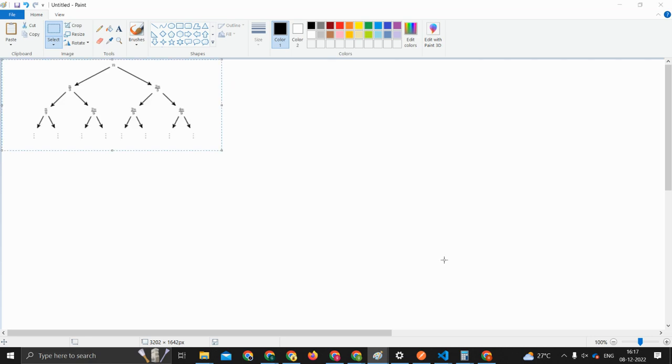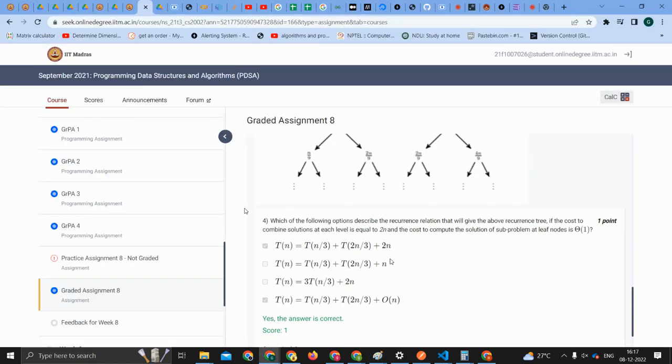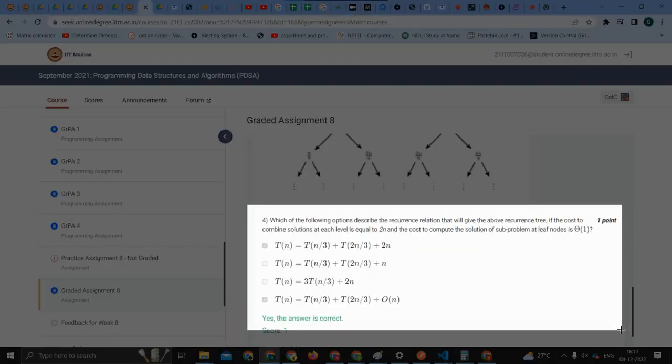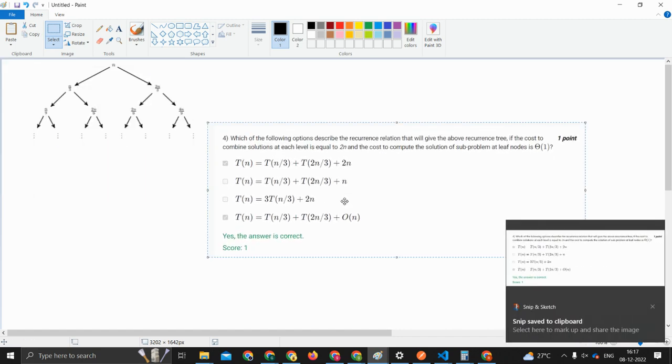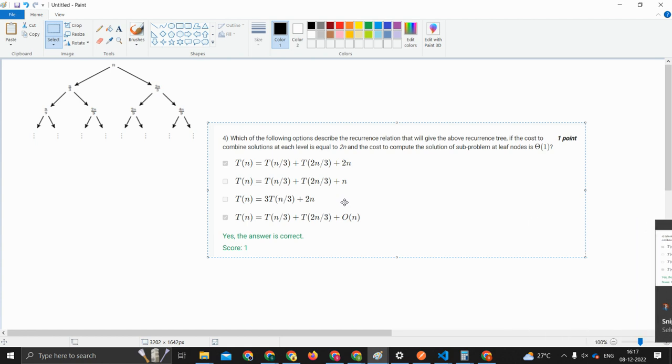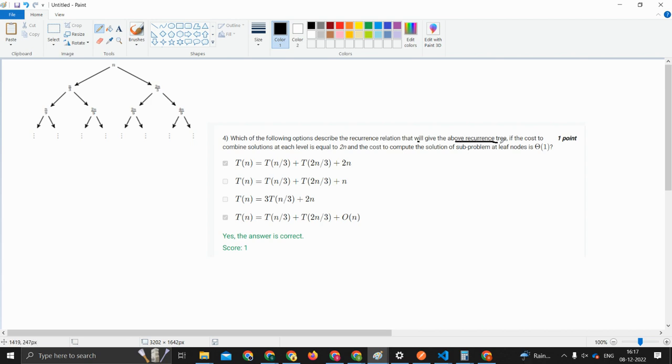Now comes a different question. Which of the following options describe the recurrence relation that will give the above recurrence tree, if the cost of the combination at each level is equal to 2n, and the cost to compute the subproblems at the leaf node is big O of 1?